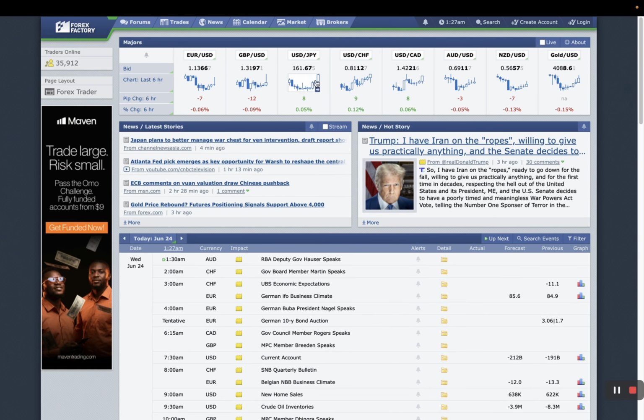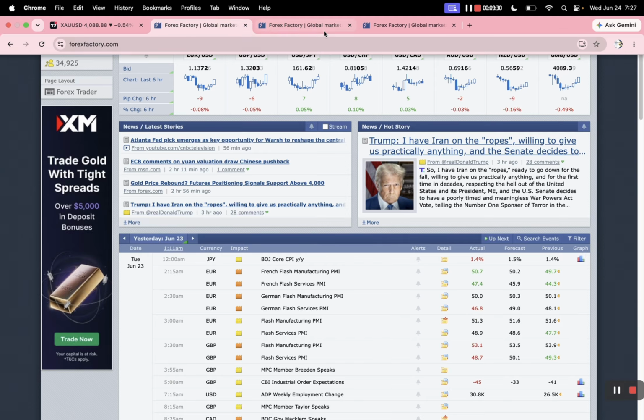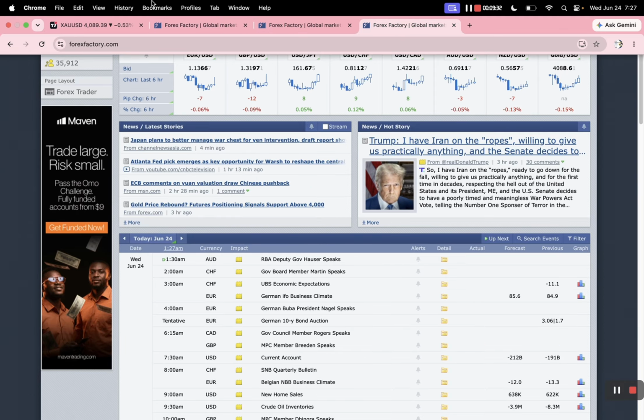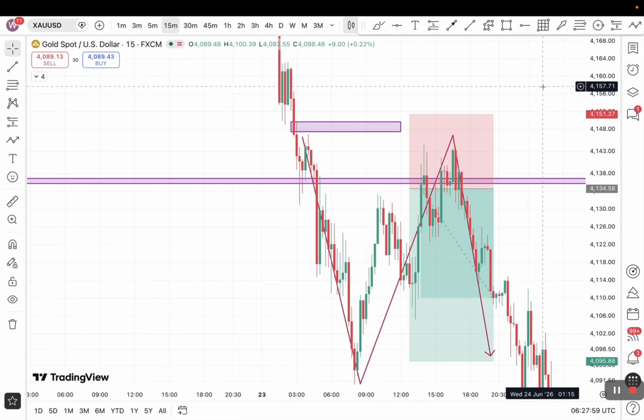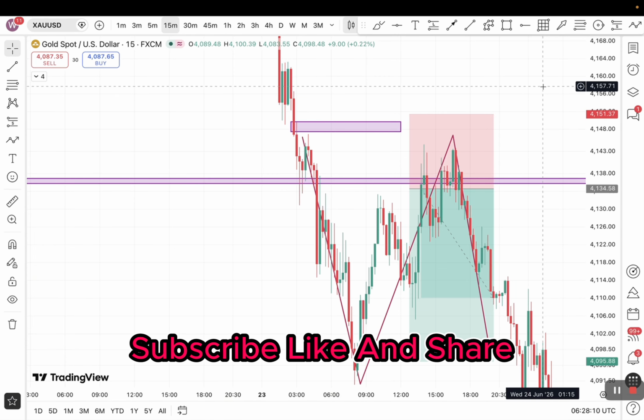So that is the simple strategy you need to follow when you are trading gold, and it will reward you a lot. Wait for confirmation. Always start from the higher time frame, then come over to the lower time frame with a confirmation candle, then you take your trade.